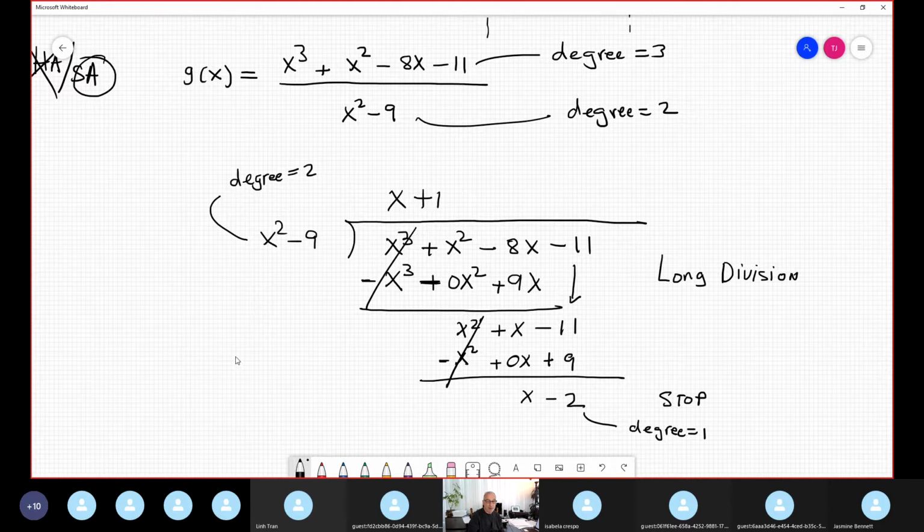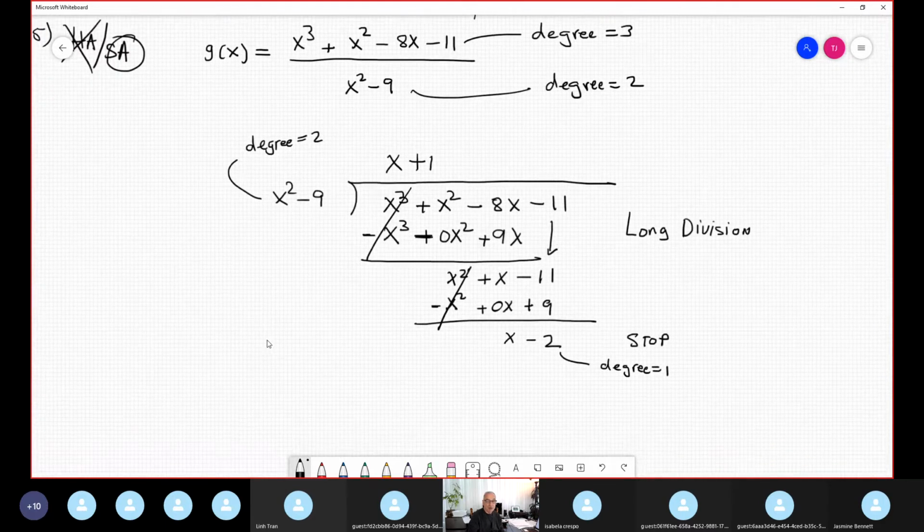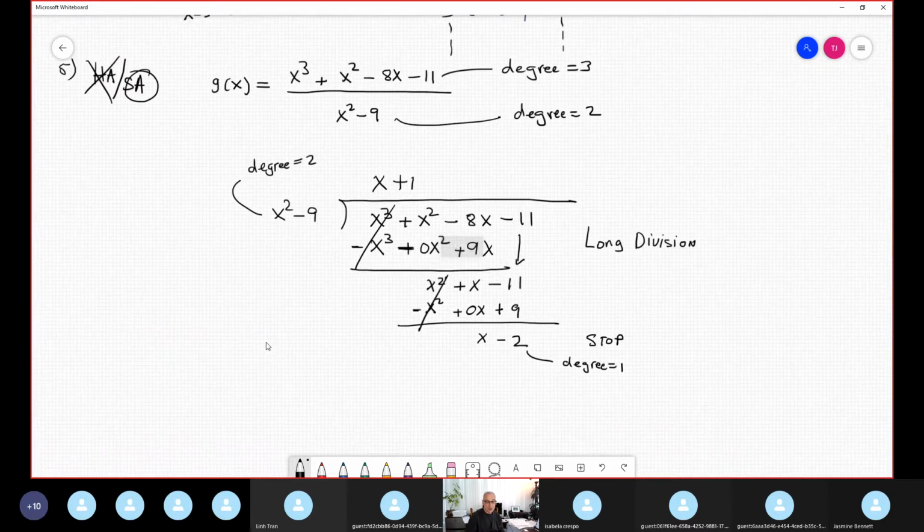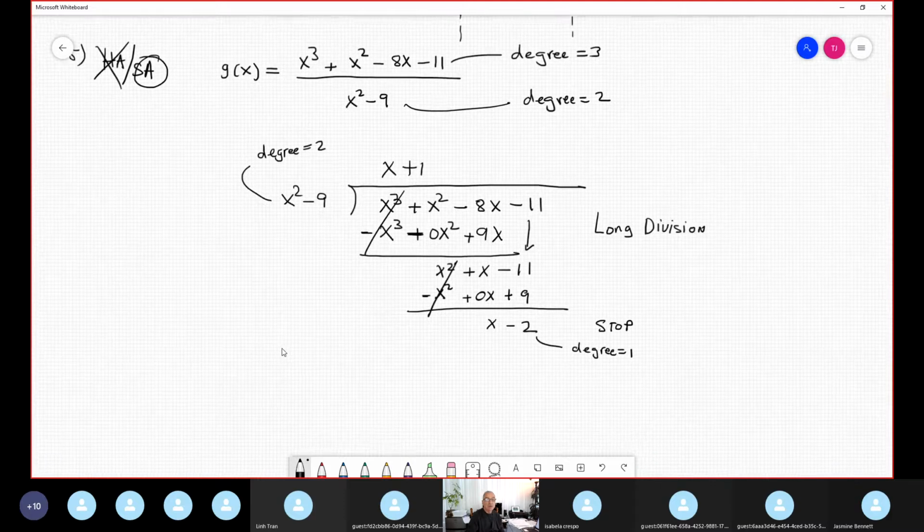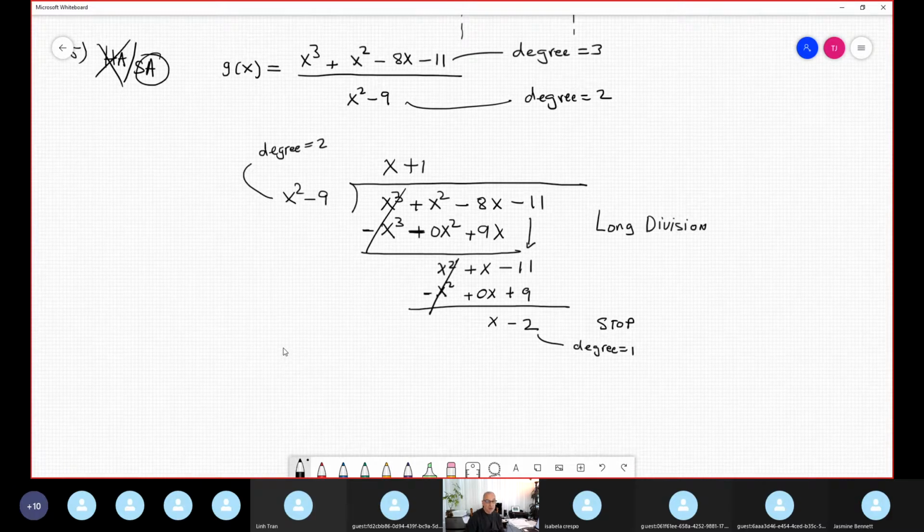Therefore, my function g, the original was x cubic plus x squared minus ax minus 11 divided by x squared minus 9, is equal algebraically to the quotient x plus 1. And this represents the slant asymptote.